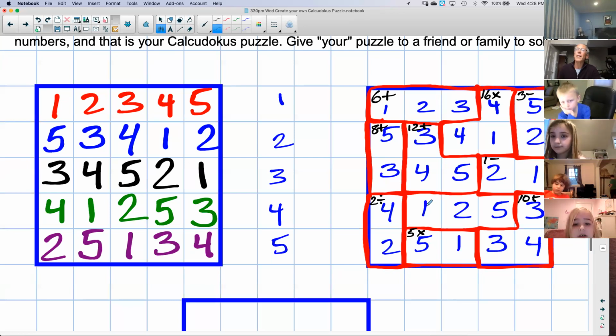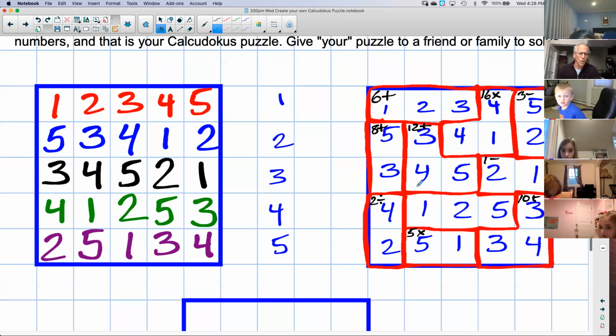And finally, let's do 1, 2, and 5 with addition. Oh, wait, let's do multiplication. Who's got 5 times 2? Roman, look up. 5 times 2 times 1. Say it, everybody. 10 times.